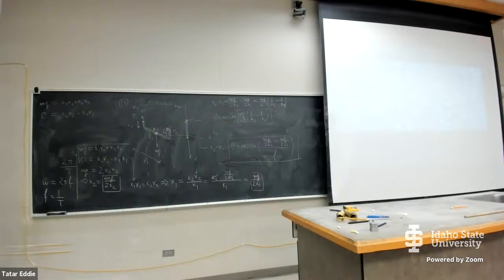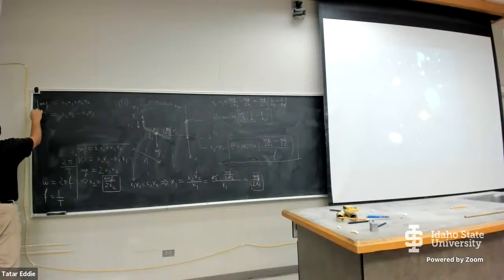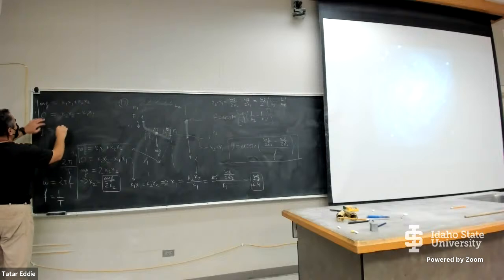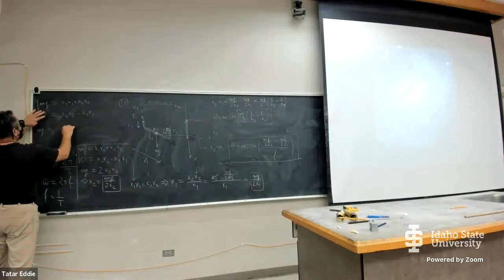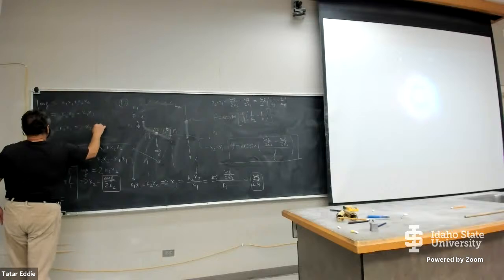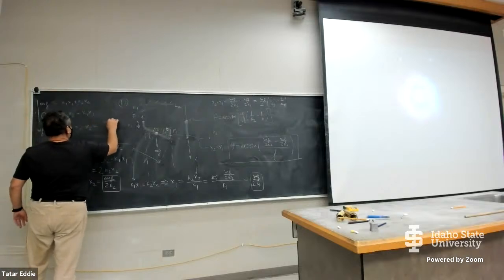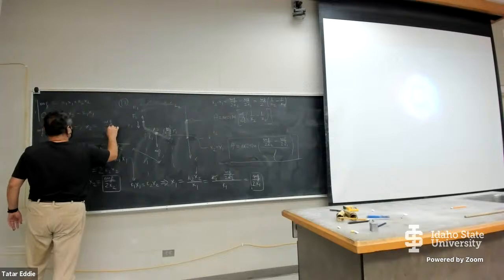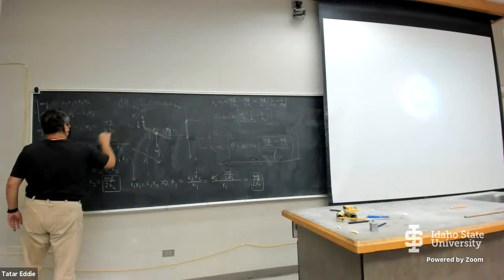Okay, and the rest is solving those two equations together as a system and determining x1 and x2. You can do it in different ways, but if you add the two equations, you're going to get mg is equal to 2 times k2 x2. That's it. And therefore, you get x2 is equal to mg divided by 2 times k2.